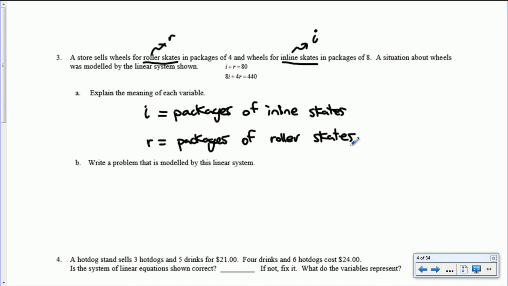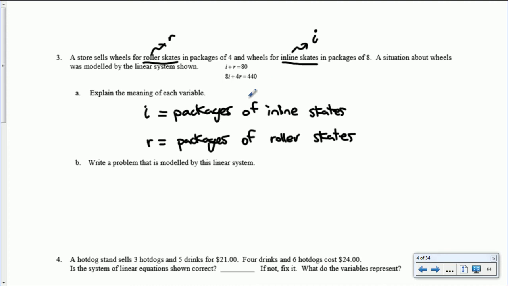So next we need to write a problem that is modeled by this linear system. This is not usually the way that we'll go with these types of questions. Often we'll be trying to figure out how to get to these equations, but it is still informative to go the other direction, just to see what we can work with.